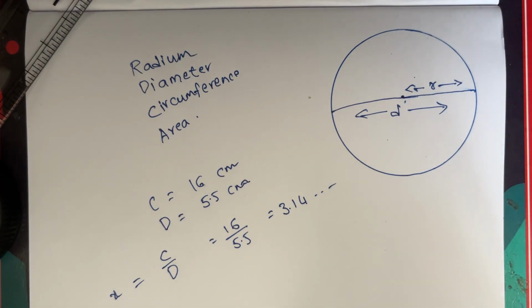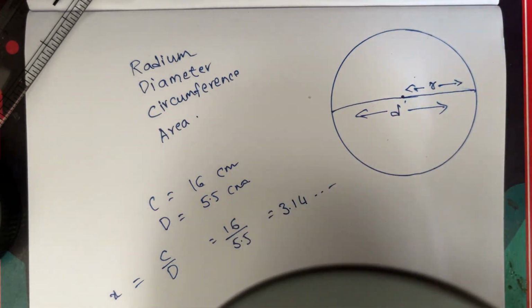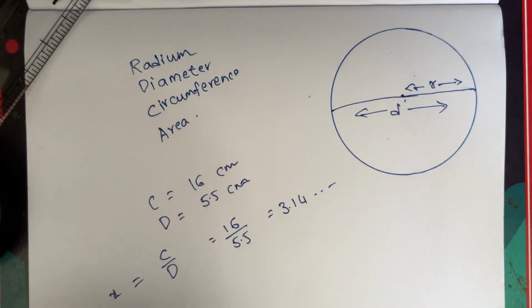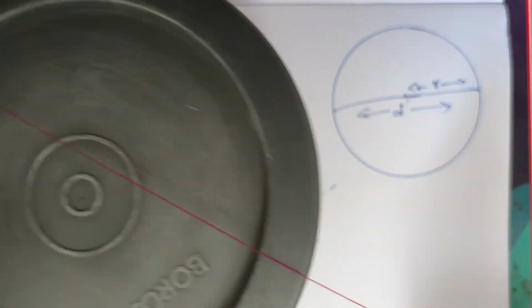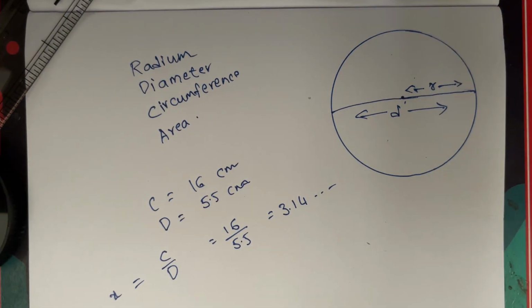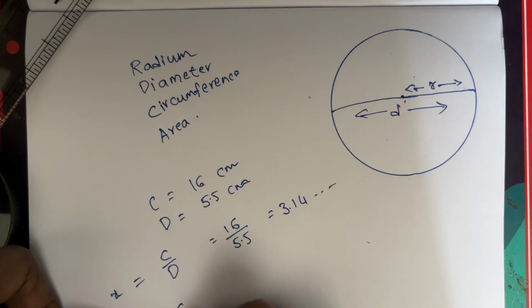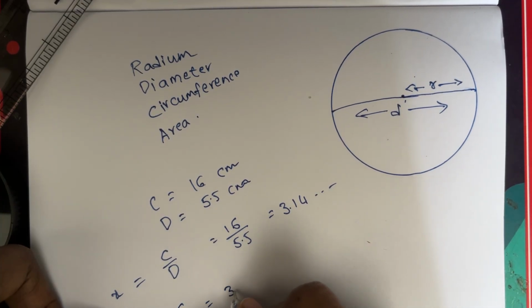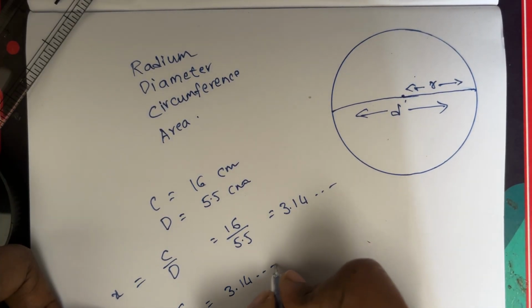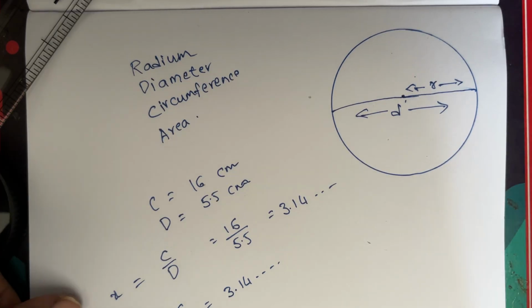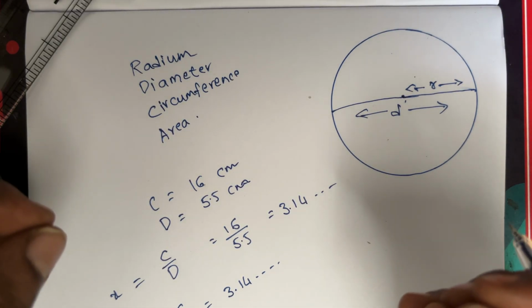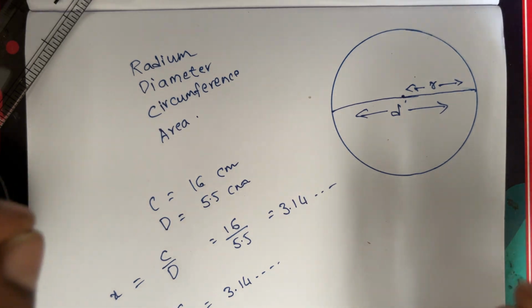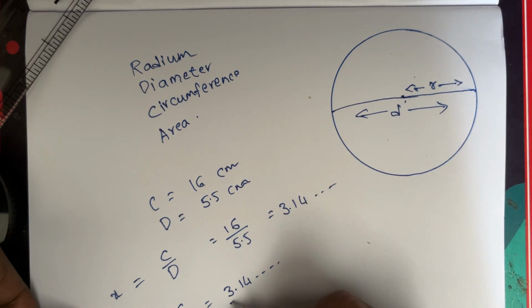You can take any other circular object which you have and capture its circumference the way I did, then measure its diameter, and then do circumference by diameter. It will always give you 3.14 and some extra digits. So almost every value of circumference divided by diameter for a given perfect circle is going to be 3.14.